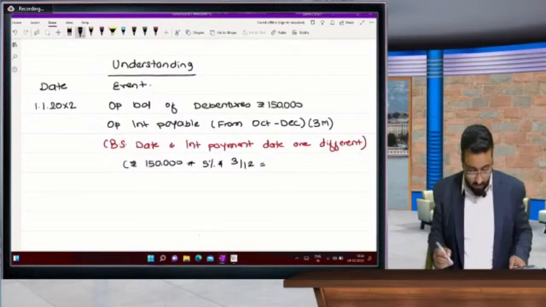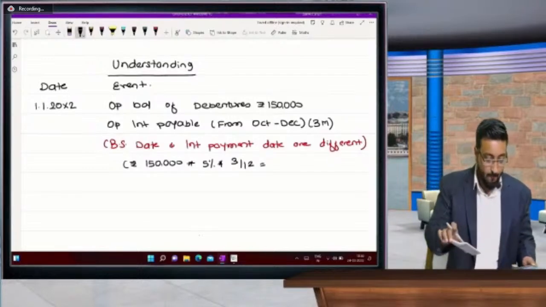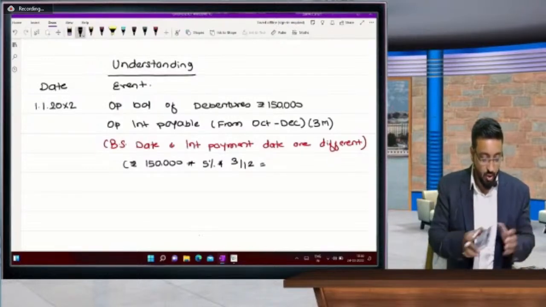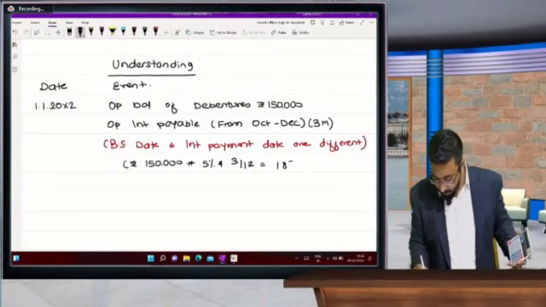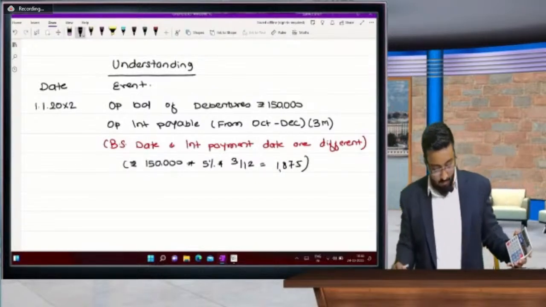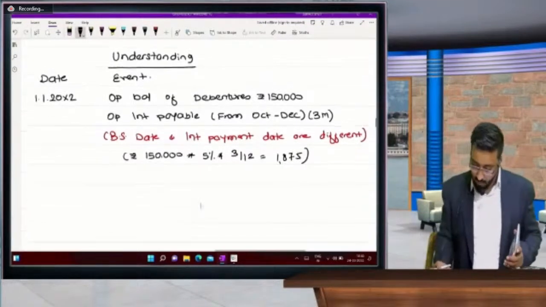So what is the interest amount? Anyone? Chalo, beta. 1,875. Yes, sir. So the event we understood.